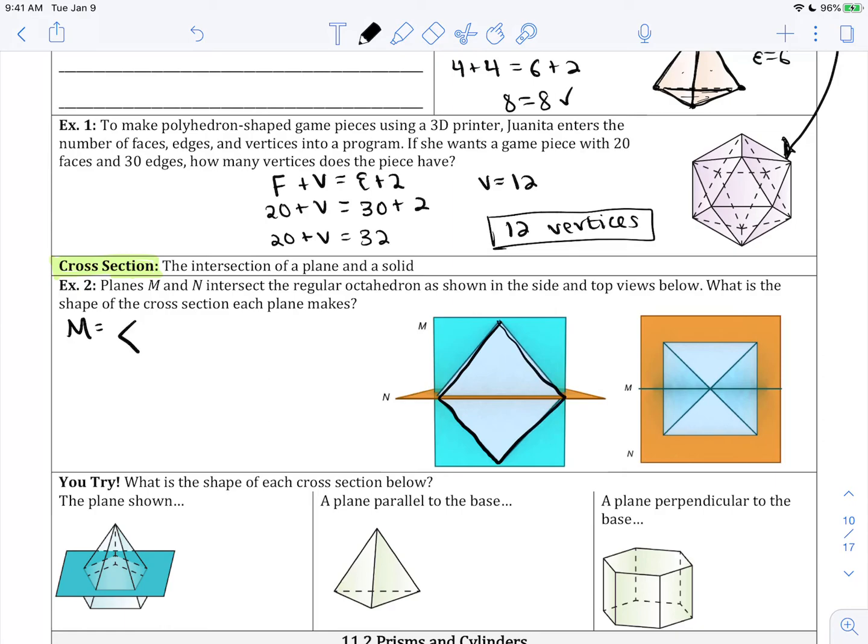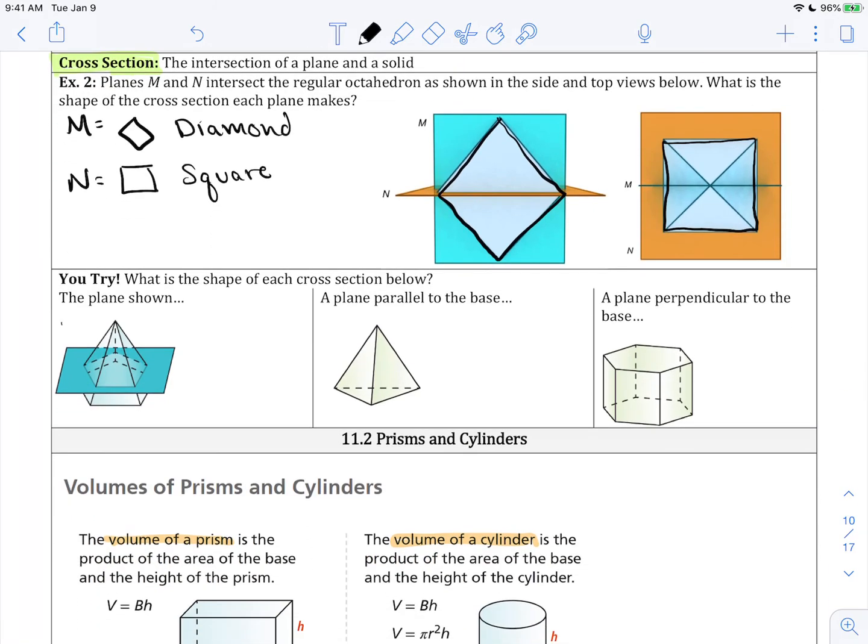So M creates this diamond shape. N's cutting this from a different perspective, and we get this shape, which looks like a square, right? So N gets a square cross section.